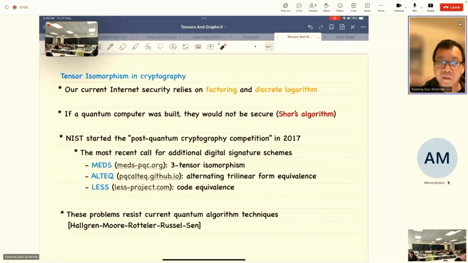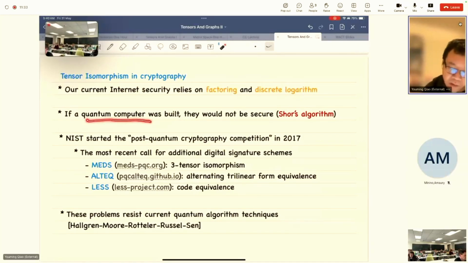Basically, there is a post-quantum cryptography competition, initiated by NIST. And the background is that our current internet security relies on factoring and discrete logarithm, RSA and Diffie-Hellman. And you also have been hearing probably a lot about quantum. Sometimes it's said to be a hype, but indeed there are very concrete advancements and so on.